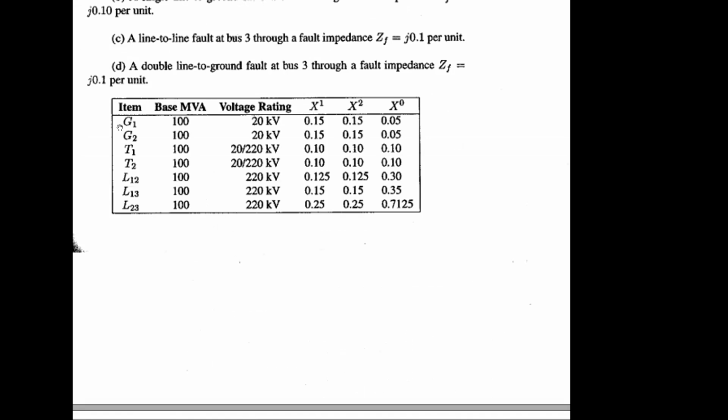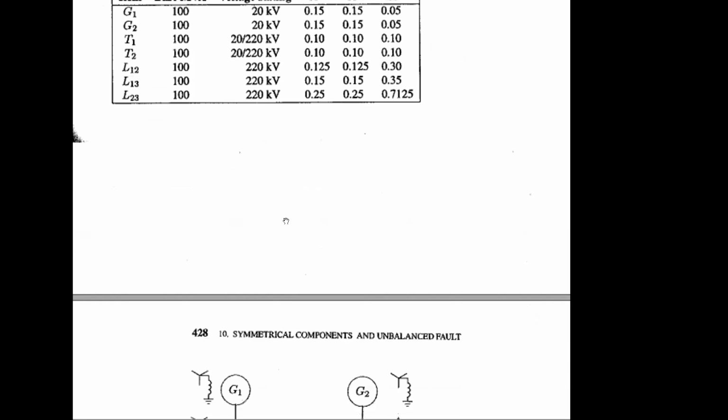Here you can see generator 1 will have x1 as well as x2 as well as x0. Okay. So when you want to draw the equivalent circuit in terms of the positive sequence circuit, you have to use this column of information. Okay, remember that.